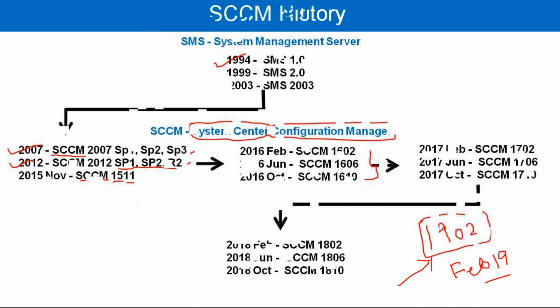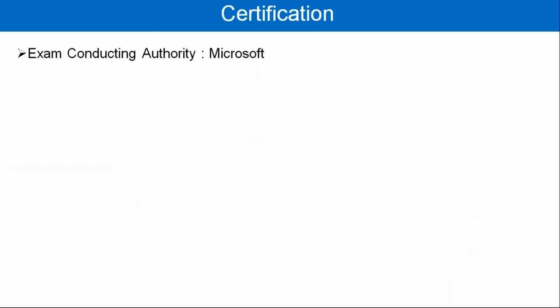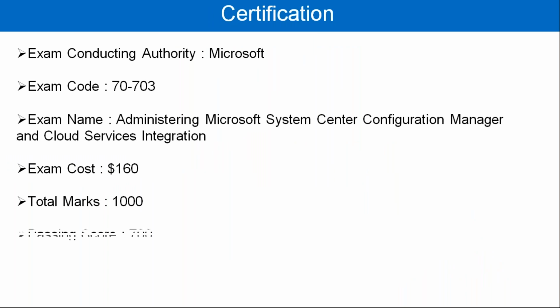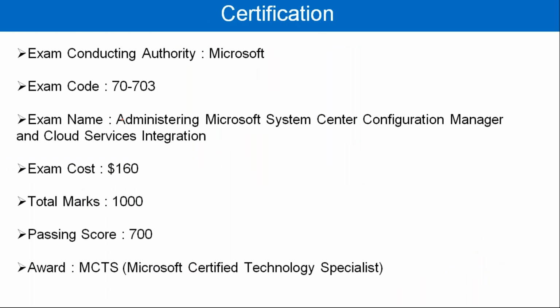Now, after taking this training, if you are planning to take the certification, then you need to take exam 70-703. Microsoft conducts this exam. The exam name is Administering Microsoft System Center Config Manager and Cloud Services Integration. The total cost of the exam is 160 US dollars.